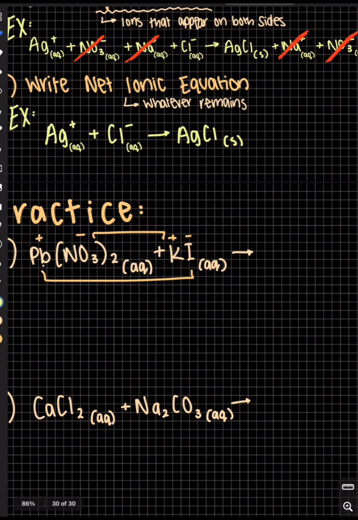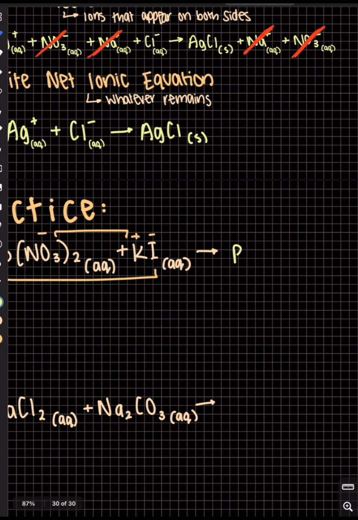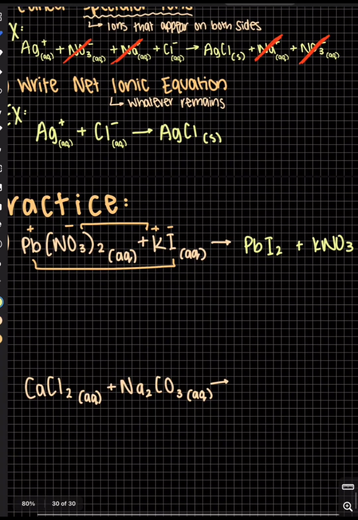Pb, which has a charge of +2, will take the iodide, which has a charge of -1, and that will make PbI2 plus KNO3.